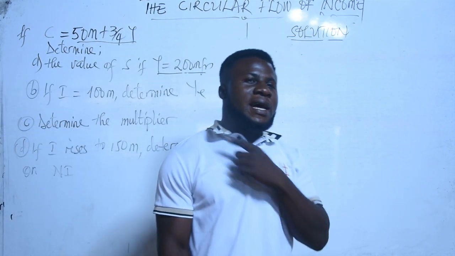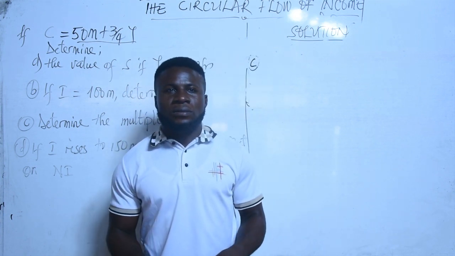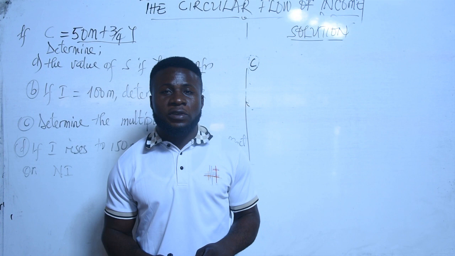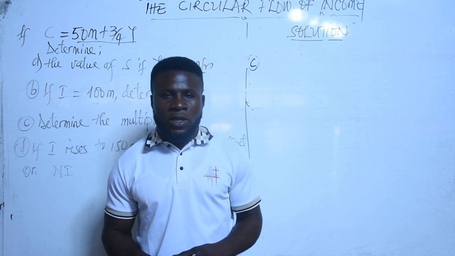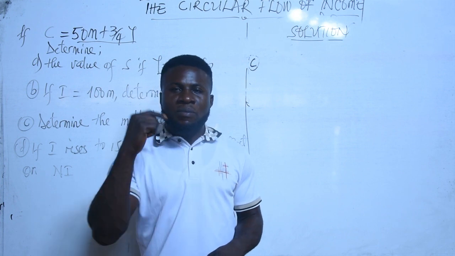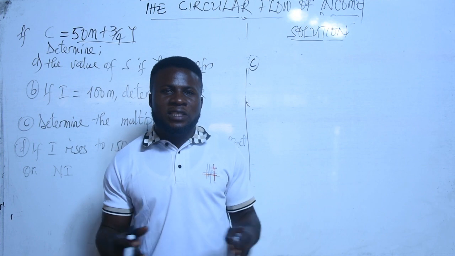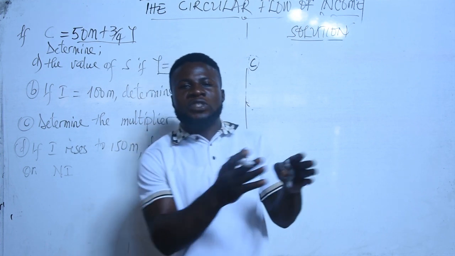Now, the multiplier in its simplest terms is a catalyst. The multiplier is that component of an economy that multiplies, that increases, boosts any injection to a more than proportionate level.